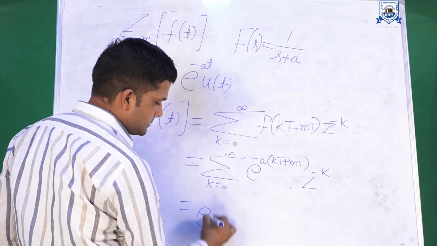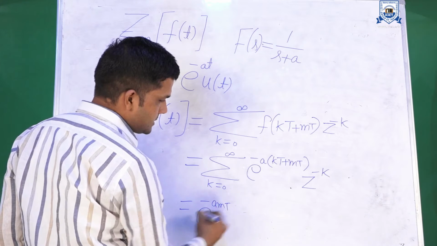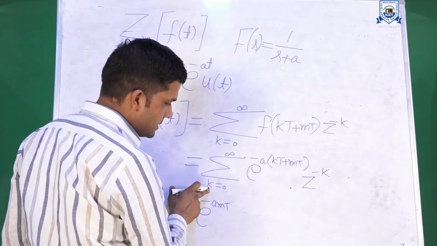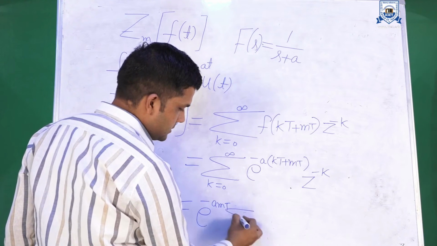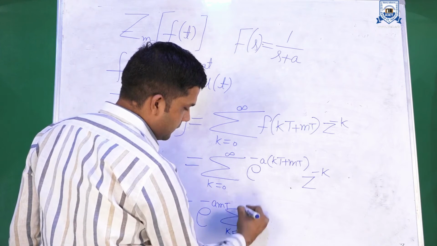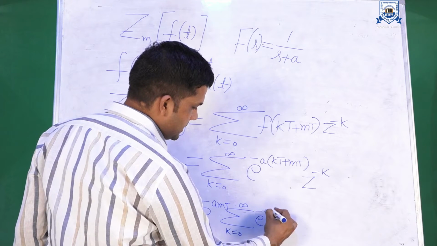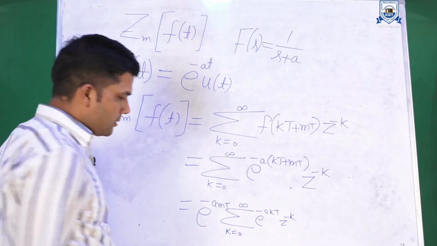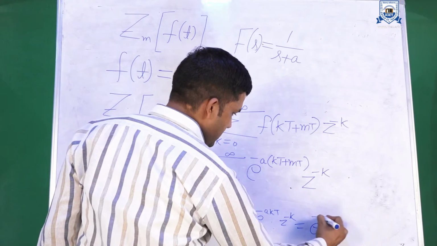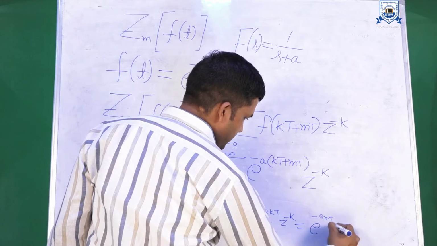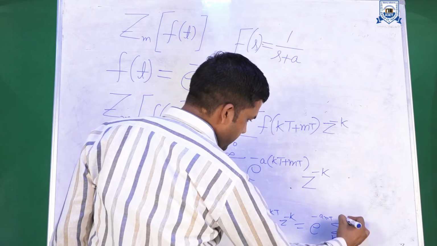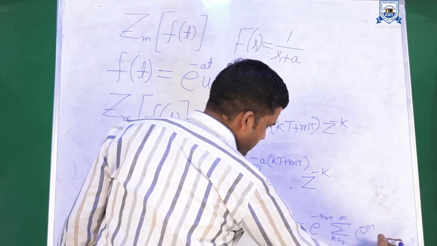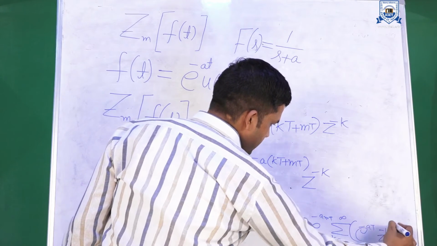Now we can separate out e to the power minus amT because the summation is for k. Summation k is equal to 0 to infinity e to the power minus akT into z to the power minus k. Now e to the power minus amT, summation k is equal to 0 to infinity e to the power minus aT into z to the power minus inverse power k.